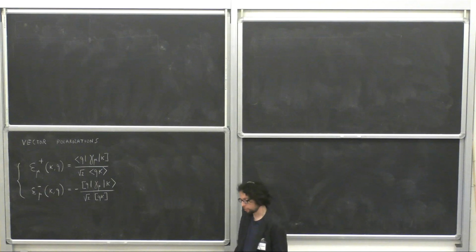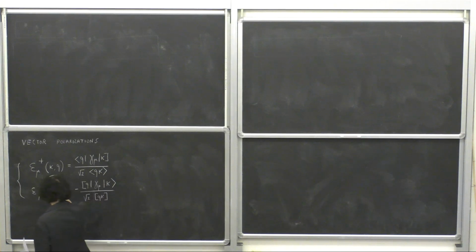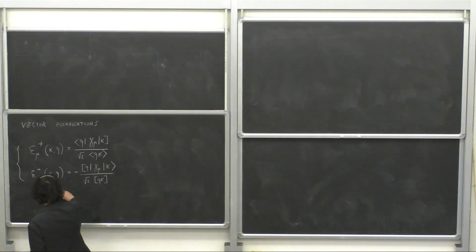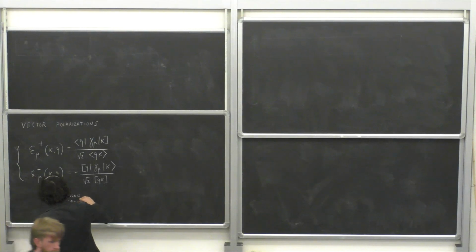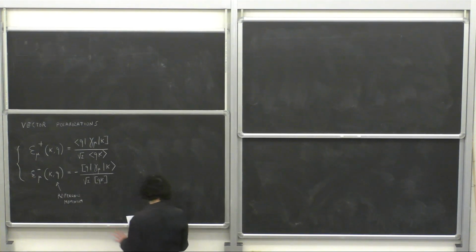Instead, I had to complement this with a reference momentum, which I call Q. This can be a reference momentum, or if you wish, reference spinors corresponding to that momentum. We will return to this in a second.